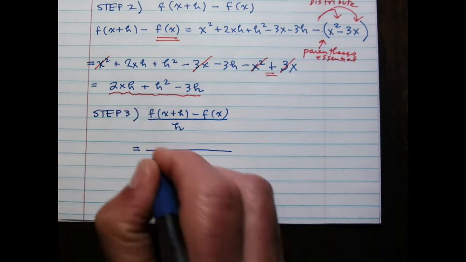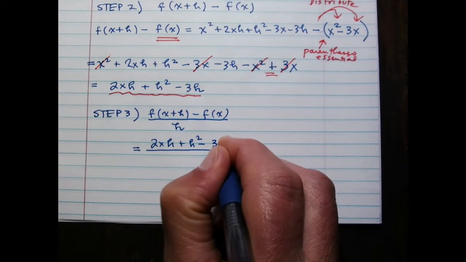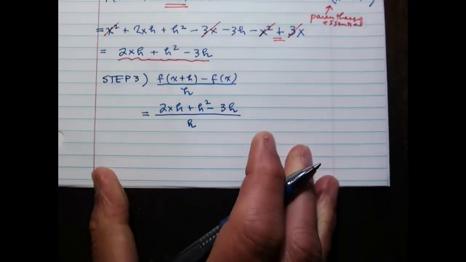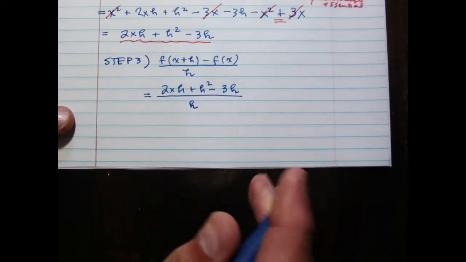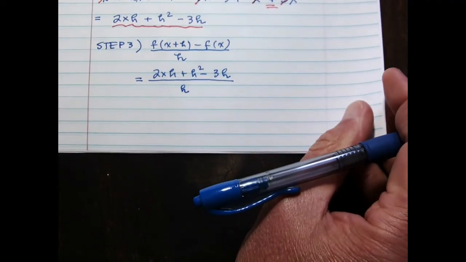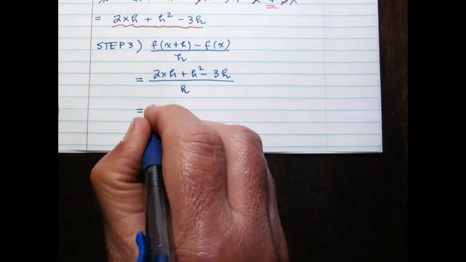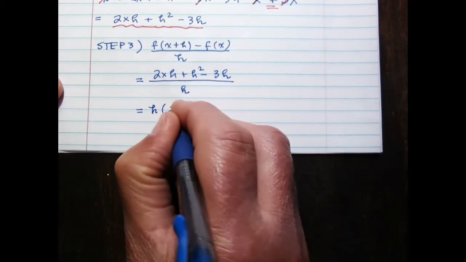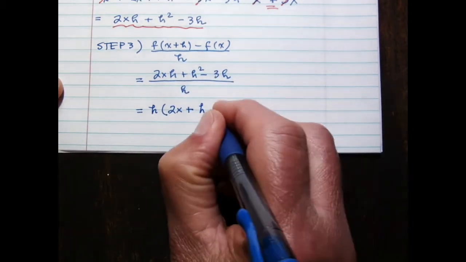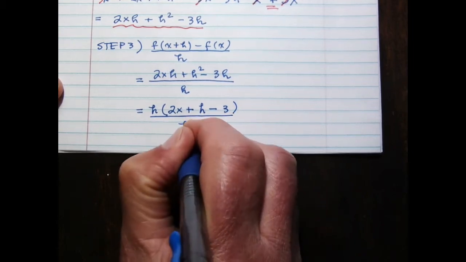That's just our previous result. 2xh plus h squared minus 3h. And we're going to divide by h in that fraction. Now the magic of this difference quotient formula is that you should be able to factor out an h from the numerator. And here we can. Each term has an h factor, so I can factor out a h times 2x plus I have a h left from that middle term minus 3 for the third term all over h.